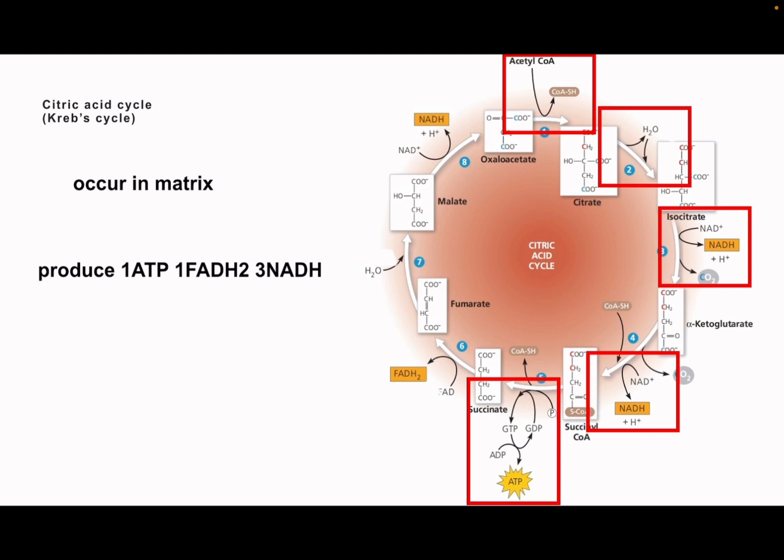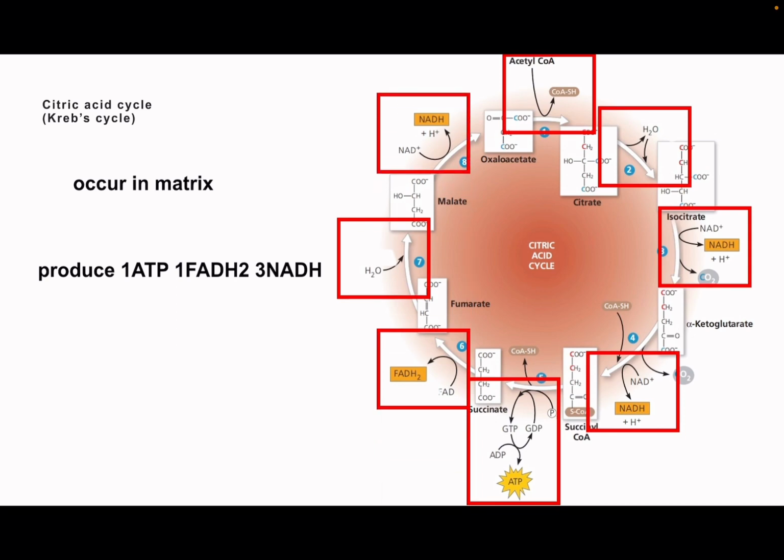GTP can also be used to generate ATP. 2 hydrogens are transferred to FAD, forming FADH2 and oxidizing succinate. Addition of a water molecule rearranges bonds in the substrate. The substrate is oxidized, reducing NAD+ to NADH and regenerating oxaloacetate.